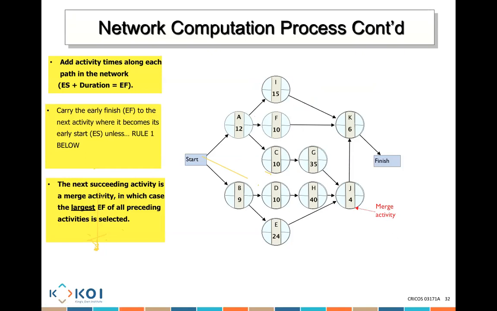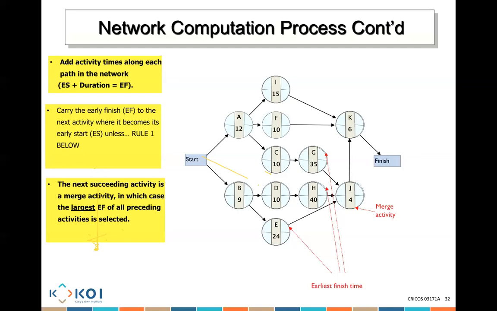Before activity J, there's the early finish for activity E, the early finish for activity H, and the early finish for activity G. To know what the early start is going to be for activity J, we need to see which early finish is largest. Is it the one for G, the one for H, or the one for E? The largest out of those 3 will become the early start for the next activity. Does that make sense, guys?